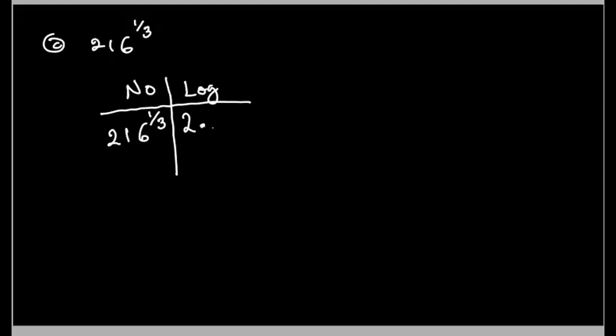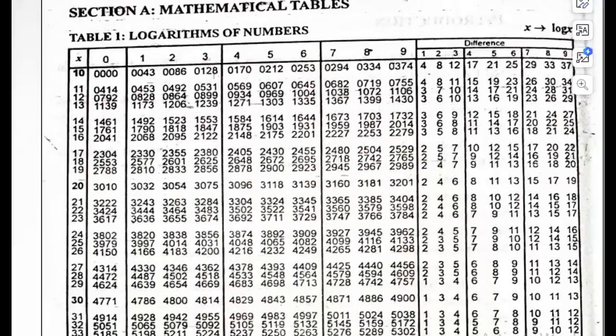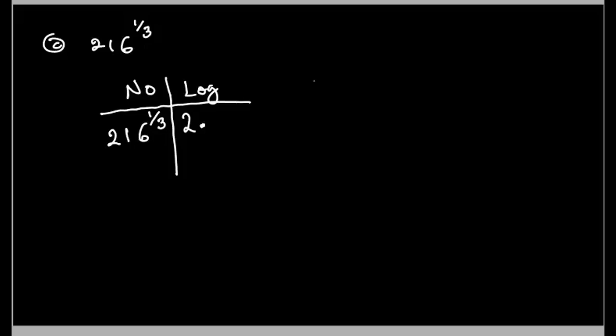And then we look for 21 under 6. Look for the logarithm of 21 under 6 only. As you can see from the table, 21 under 6, this is under 0, 1, 2, 3, 4, 5, 6. It's 3, 3, 4, 5. So write it down here. That's 3, 3, 4, 5.